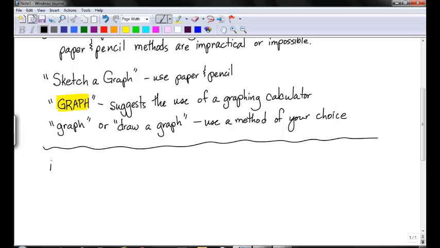Okay, now, some things that you should also have from having read the section. What is an open interval? Let's look first at an open interval. If we look at that term, open interval, let's look at it on a number line.